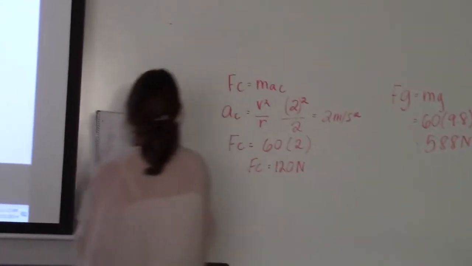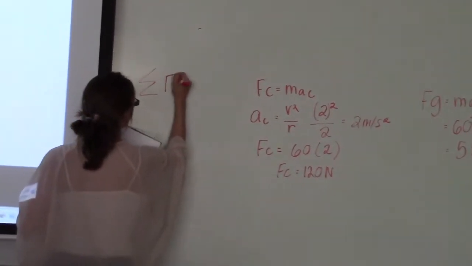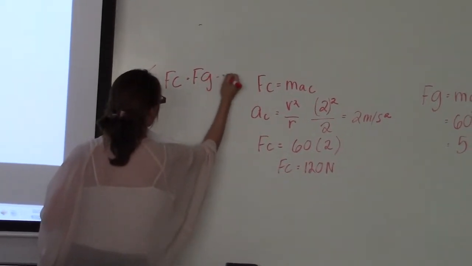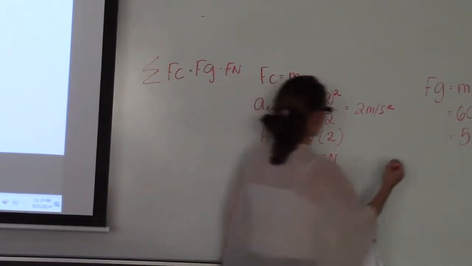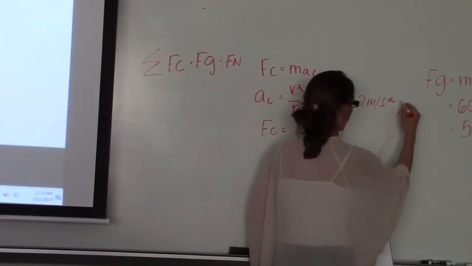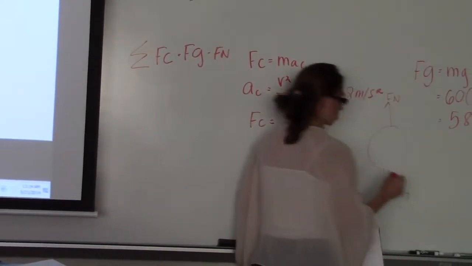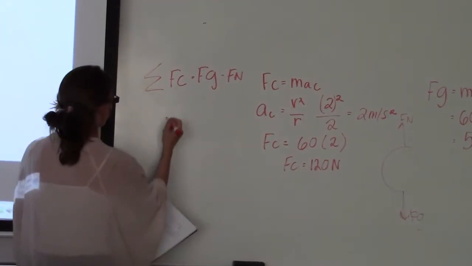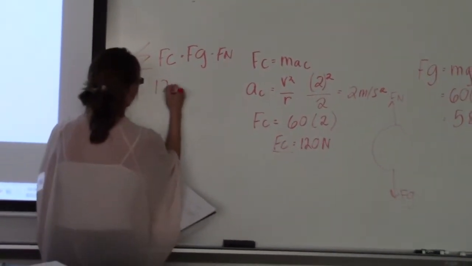So that is the sum of the forces of Fc equals Fg minus Fn. Remember from our free body diagram how we had Fn here and Fg here. Those are the forces that you're solving for. We know what Fc is, it's 120.